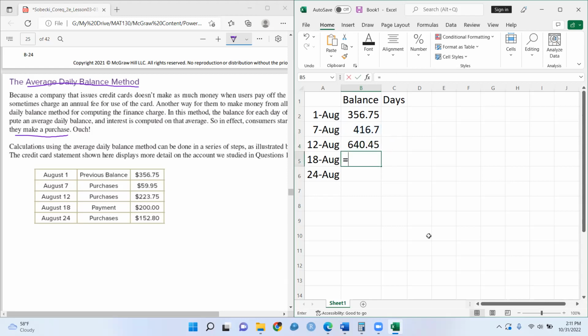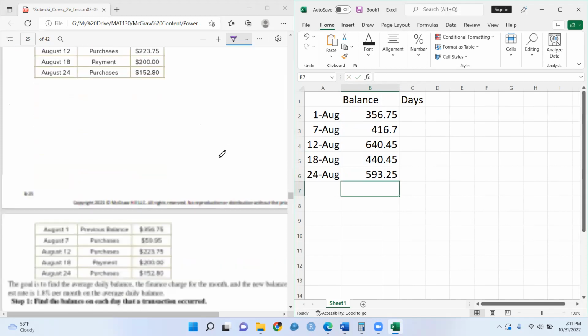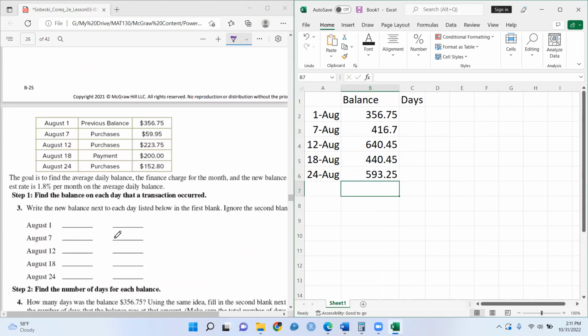Now here's where it gets tricky. On August 18th, we made our payment, so we're going to subtract that 200. This balance is the amount of money we owe the bank. Anytime we make a payment, that comes out as a negative. Anytime we make a purchase, that looks like a plus. So these are the balances each day.